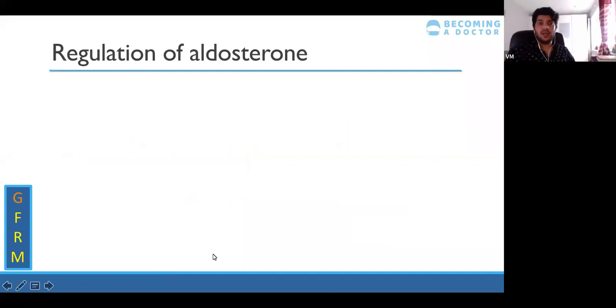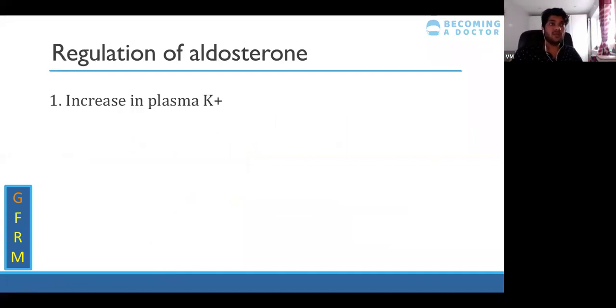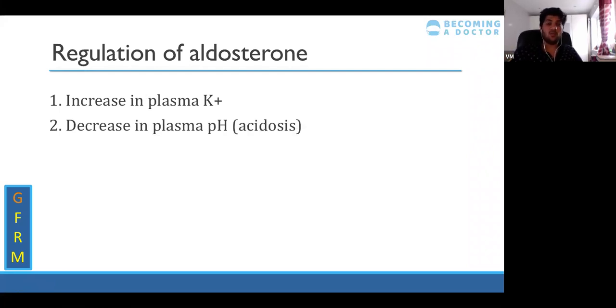So in terms of regulation of aldosterone, if the body has too much potassium in the plasma, it's picked up and the body is stimulated to produce aldosterone to kick it out into the urine. And similarly, if we have a decrease in plasma pH, i.e. acidosis, this is just one of the mechanisms that is utilized to remove excess protons.